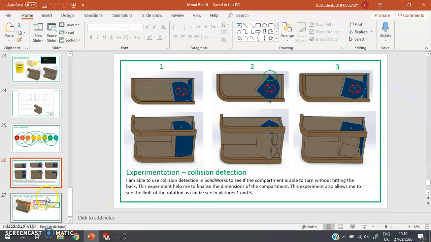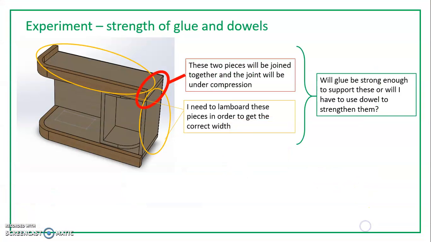Then my second experiment is the experiment on the strength of glues and dowels. This is one that I still need to carry out. I just wasn't able to get it done this week, so hopefully I'm going to do that next week before I start realizing the rest of my project, before I start gluing these together.